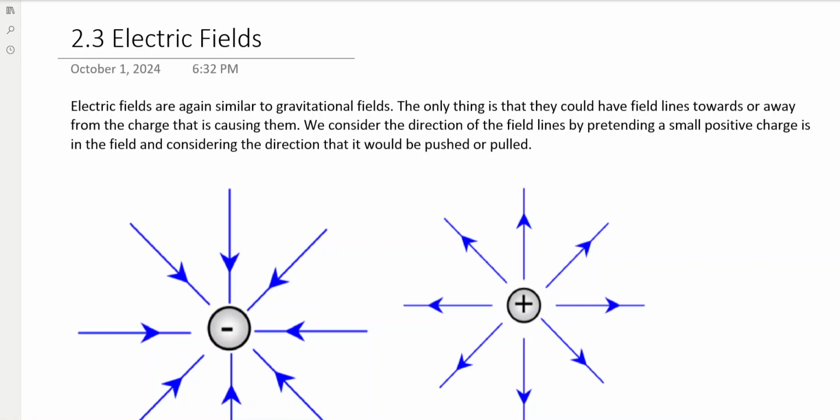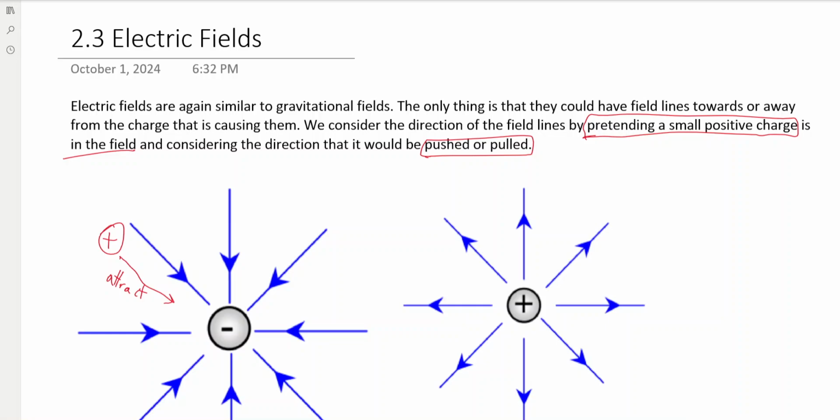So what we do is we pretend that there's a small positive charge in the field, and what direction would it be pushed or pulled? That's the direction of your field lines. So let's put a positive charge here in a negative field. Well, if it's a positive charge, it's attracted to the negative charge that's causing the field.